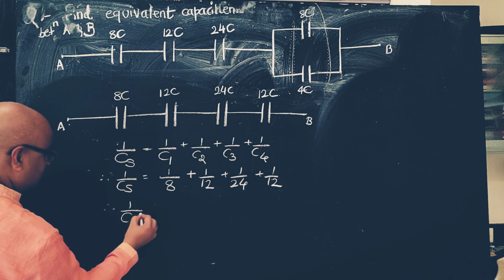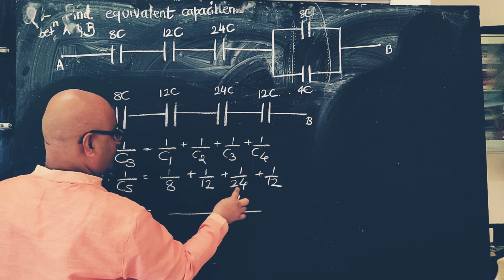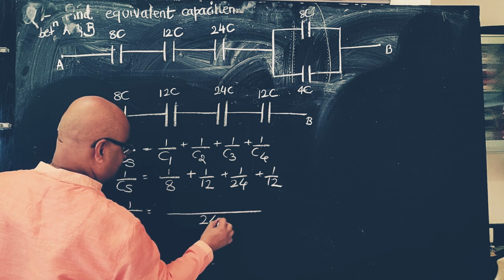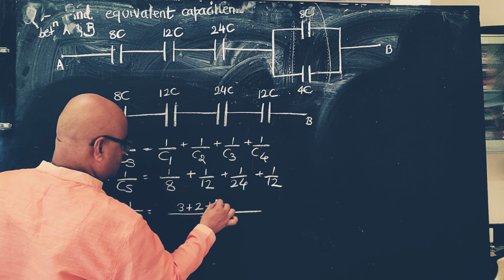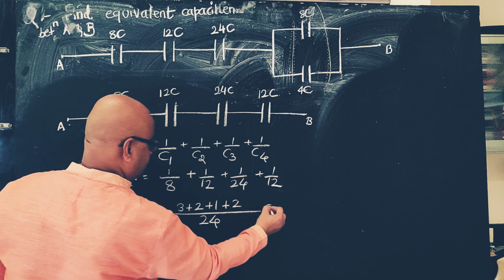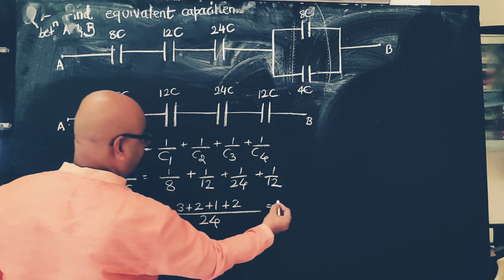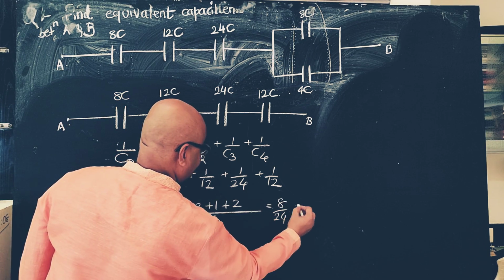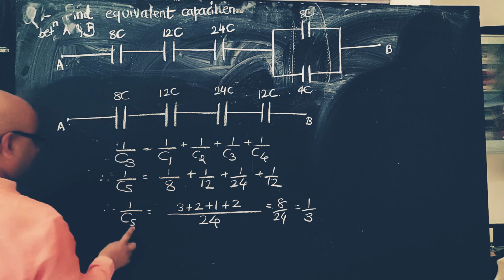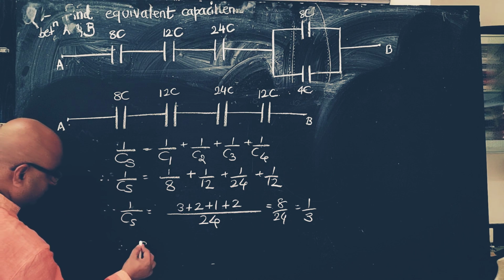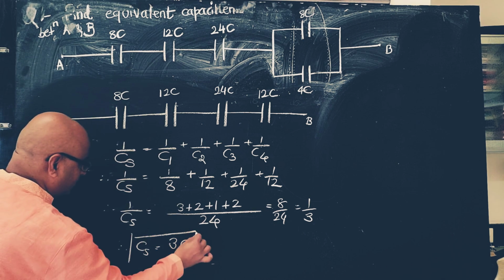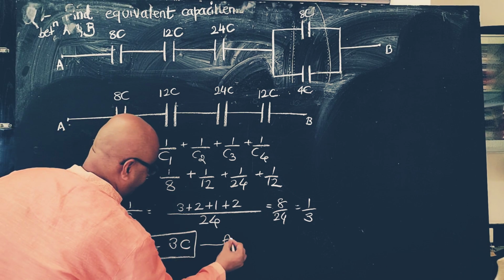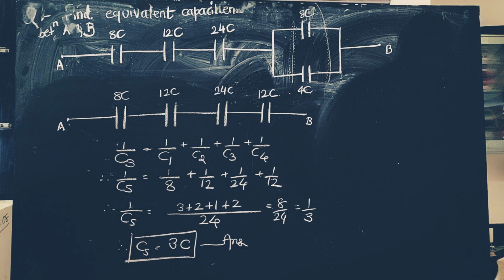Therefore 1/Cs is equal to 1/8 + 1/12 + 1/24 + 1/12. The LCM is what? 24. 3 plus 2 plus 1 plus 2, 3, 5, 8, 8 by 24, and that is equal to 1 by 3. 1/Cs is equal to 1/3. So Cs is equal to 3. Don't forget to write what? C. So what is your answer equal to? 3C. Cs is equal to 3C.